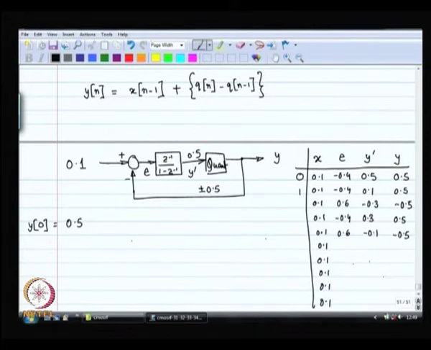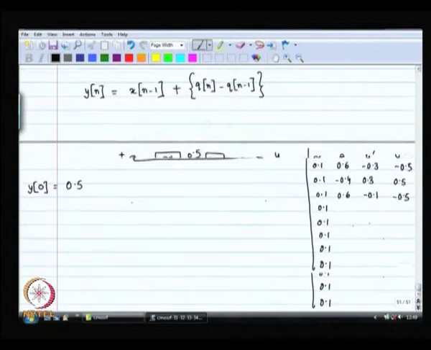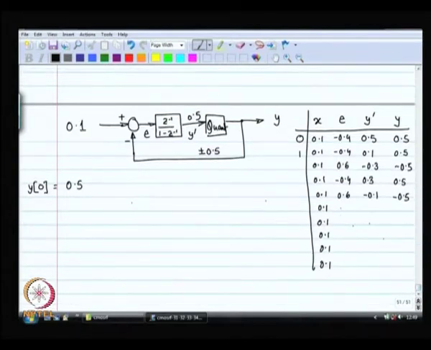Okay. And then you can keep doing this. So, the new y hat is going to be plus 0.5 now, which means that my new y is going to be plus 0.5 and my error is going to be 0.4. Okay. And it is kind of going to repeat.